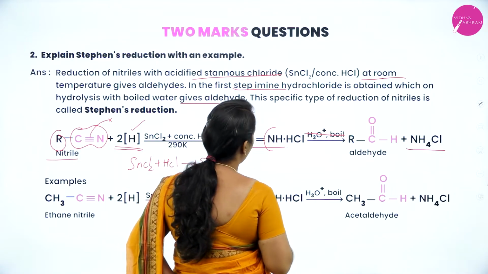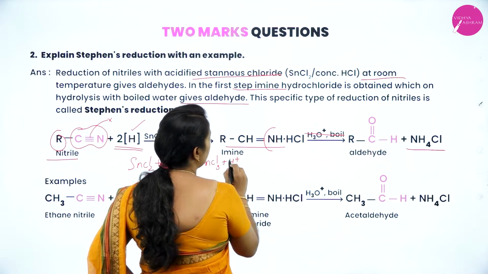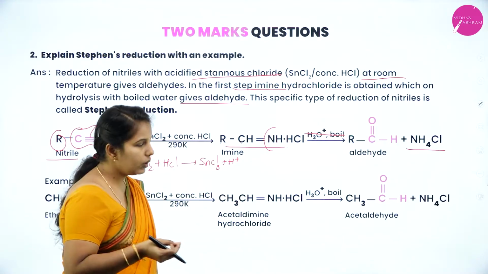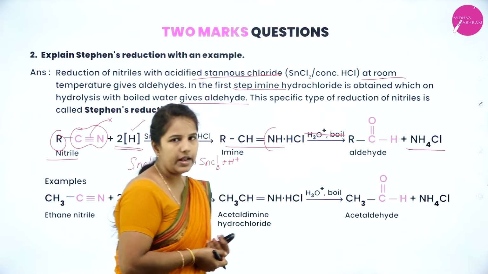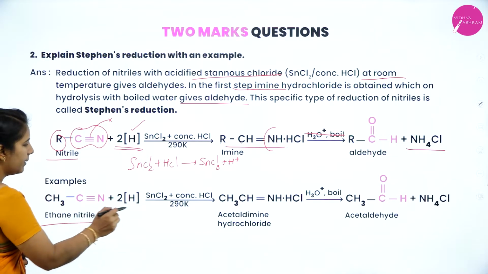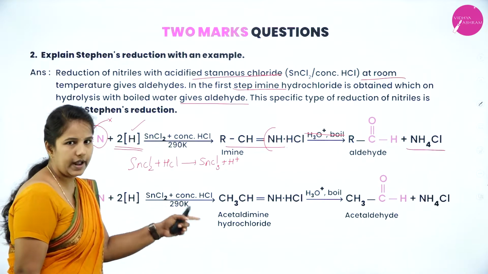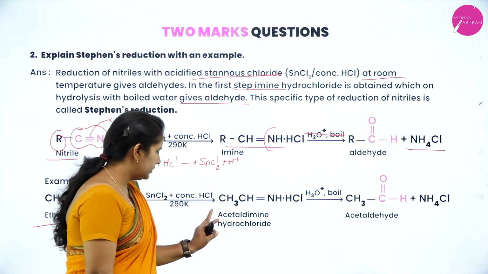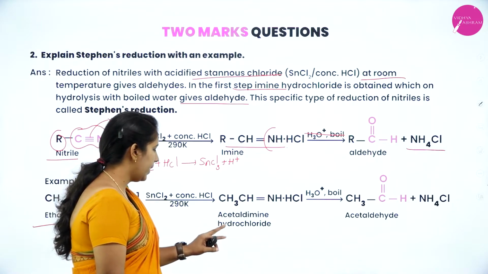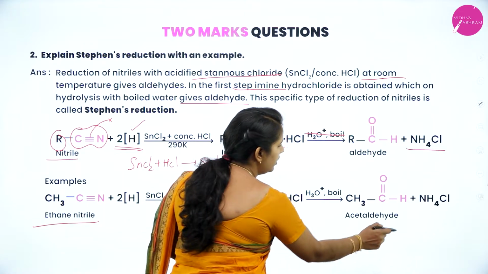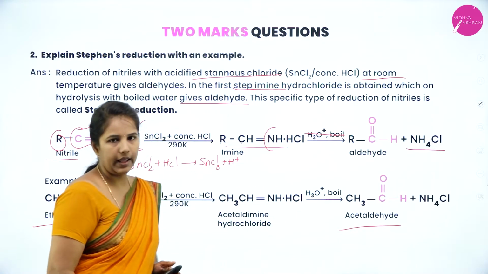That is, the salts are formed, and the CO with the R, with the reduction by that water, gives rise to an aldehyde. You can take one more example: ethane nitrile upon treatment with stannous chloride and concentrated HCl forms imine, that is acetaldehyde hydrochloride, which upon hydrolysis with water gives acetaldehyde.